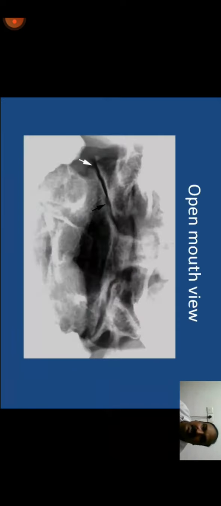Yes, right. You can see the styloid ligament coming out like this. Styloid process to the hyoid bone. Okay, Eagle syndrome. Okay, so look into this area. Okay, and see these things. In the open mouth view.